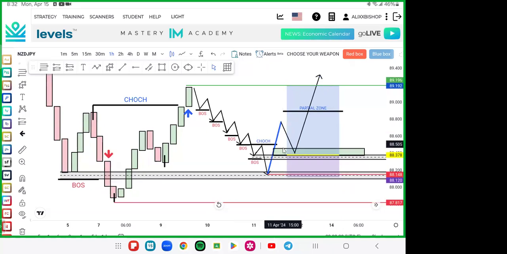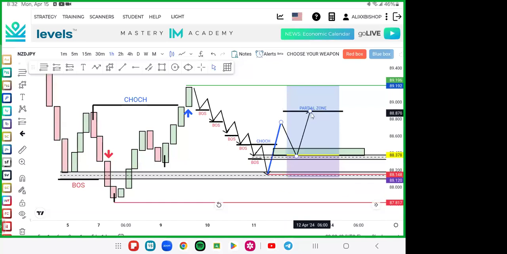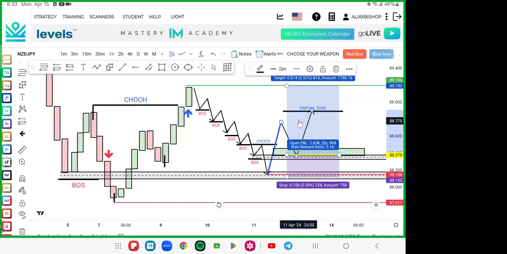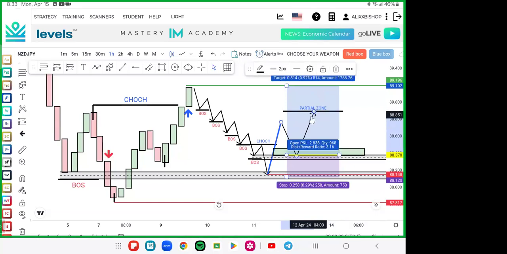Okay, so let's just say when we entered here and we're up about $50 as soon as it hits this partial zone, I'm going to go inside MT5 or Trade Locker, whatever you trade on, and I'm going to take half off the playing field and put $25 into my trading account and let the other 25 continue to run and potentially hit my take profit. Does that make sense? That's what partialing is.